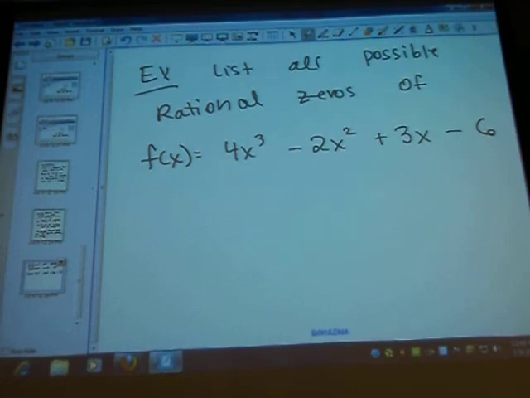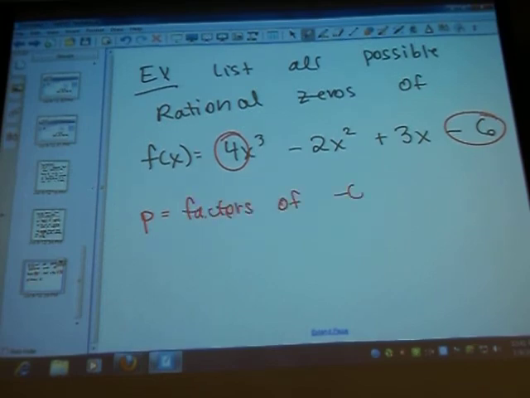Okay, there are two things I care about here. I care about my constant term, which is my P. I care about my leading term, which is 4. Now, I don't just want negative 6 as my factor. I want factors of negative 6 or positive 6.